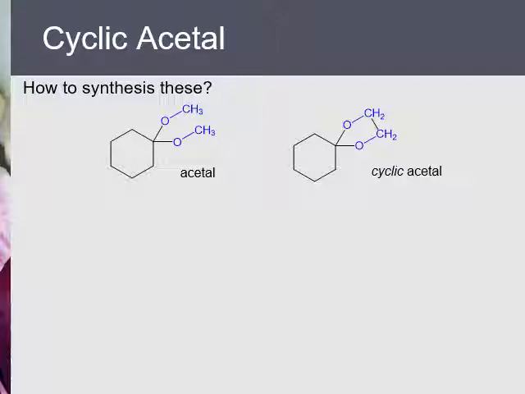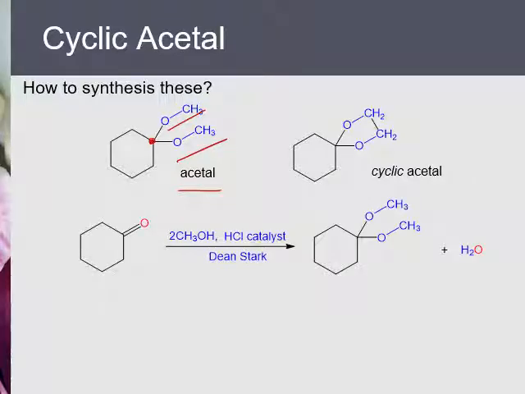Here we show an acetal molecule on the left side. We can recognize an acetal molecule by locating a carbon that is connected to two alkoxy groups. This acetal can be synthesized by mixing a corresponding ketone with 2 moles of alcohol and acid as a catalyst, and that gives you an acetal molecule.